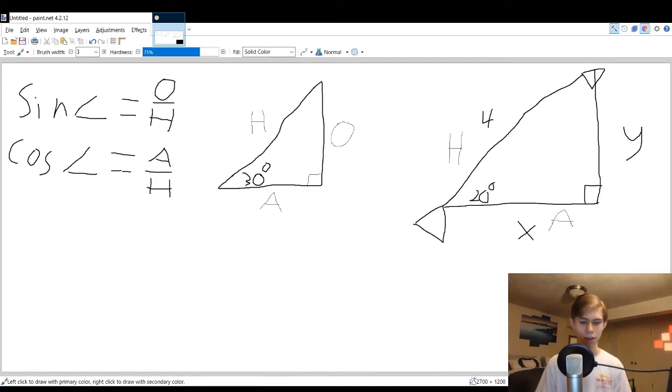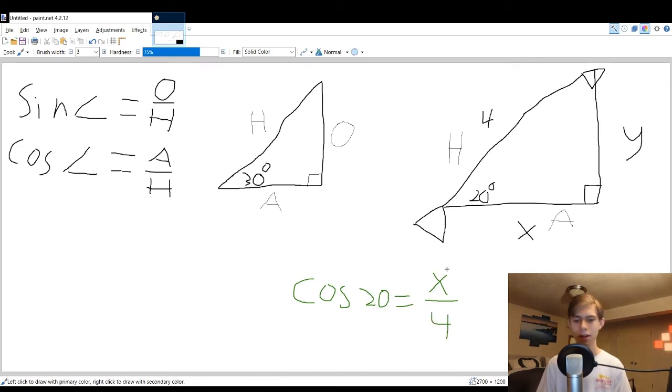So let's take a look. I'm going to change the color for the math. First, we're going to use the cosine of the 20-degree angle, which is the adjacent side, so that's going to be x, over the hypotenuse, which is 4.